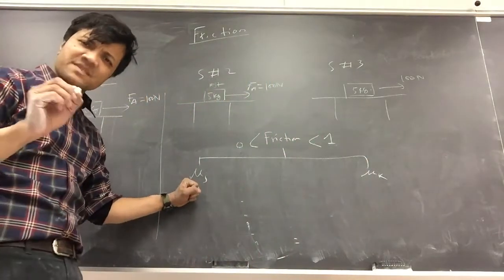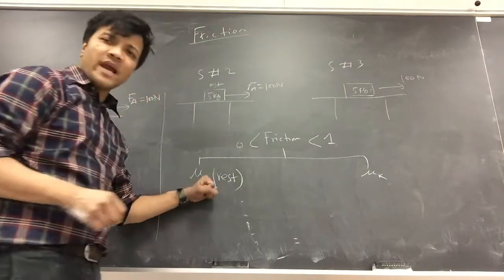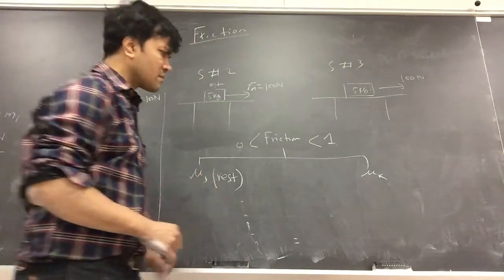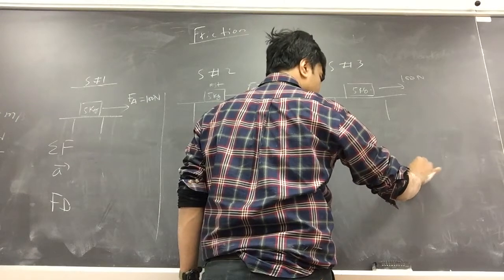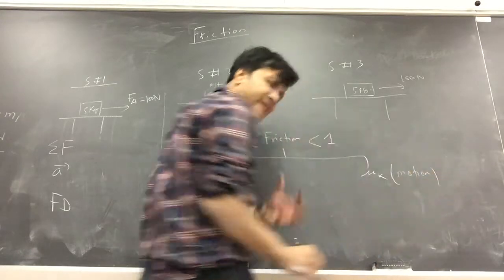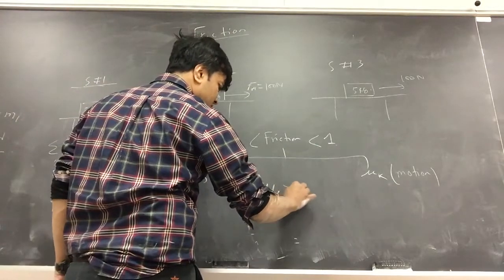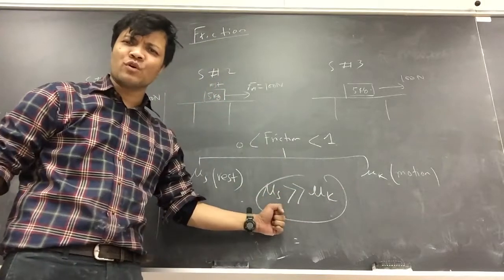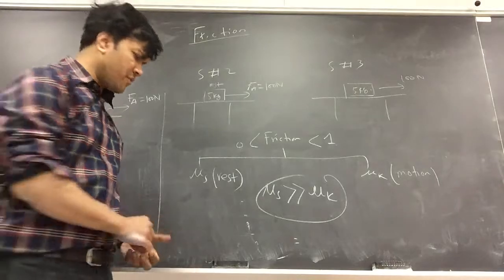Static friction is when the object is at rest, when you have to apply extra force to overcome the inertia. Kinetic friction is when the object is in motion. Understand the hypothesis: static friction is always greater than kinetic friction. This is true. With those tools, we are ready to solve these three scenarios. Let's do it.